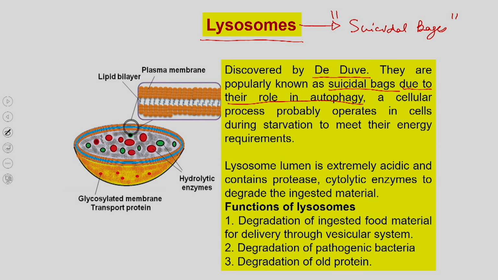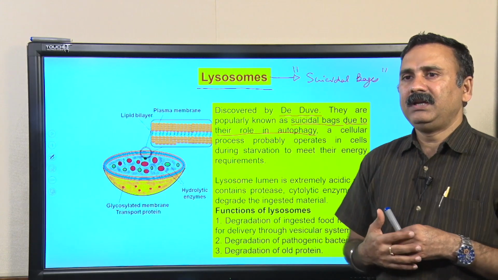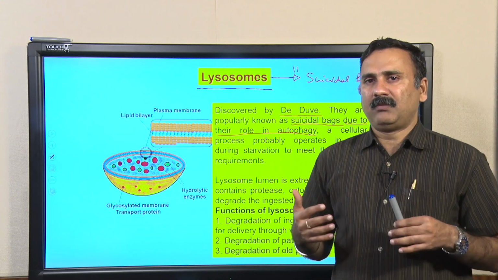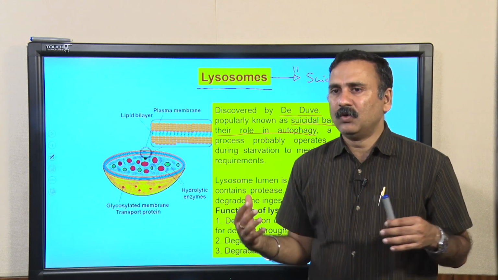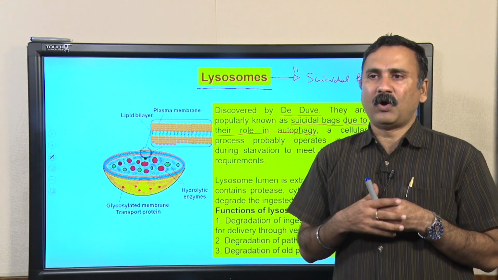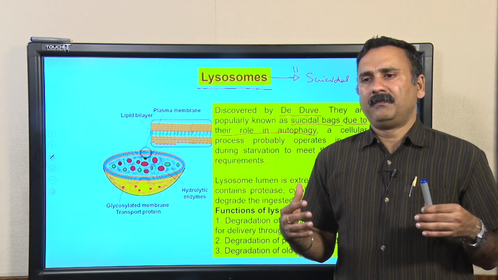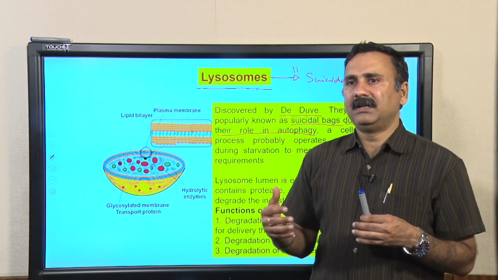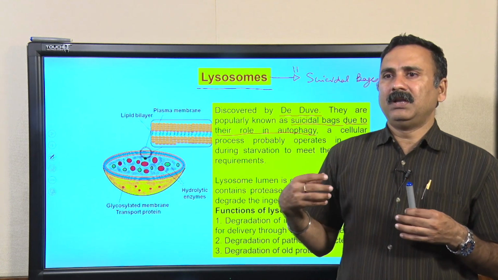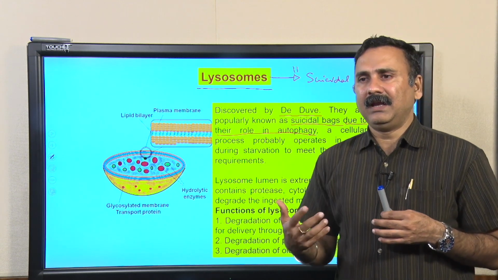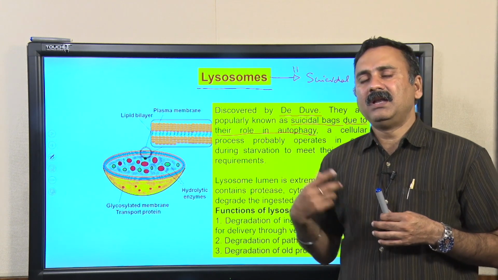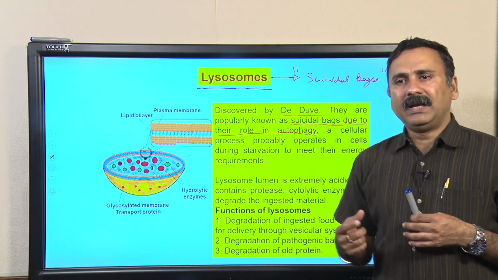So, you might have read about autophagy. Autophagy means eating yourself, which means in a particular condition, when the cell does not have the energy to run its metabolic reactions, it undergoes the process of autophagy. The lysosomes release their content within the cell, and that starts degrading different types of organelles.